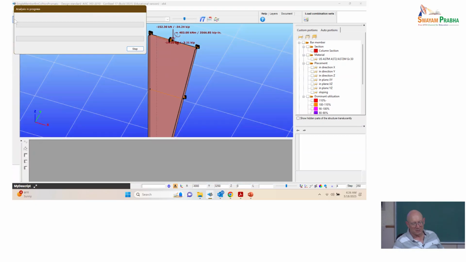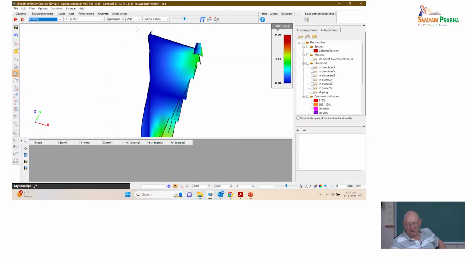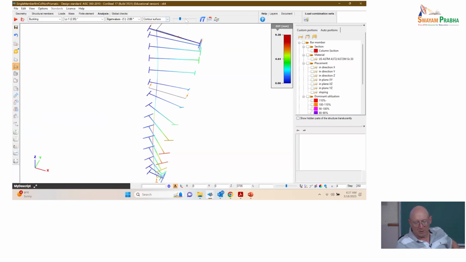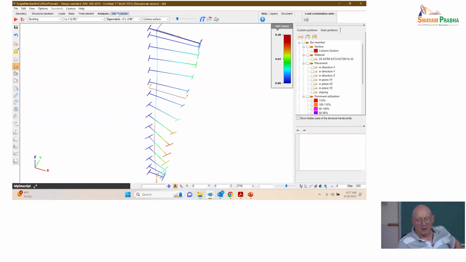We'll analyze this case. We'll get our buckling solution. So there's what the cross sections are doing in terms of the lateral torsional buckling. But it buckled at 2.85. That's lower because of the combination of axial compression and flexure.